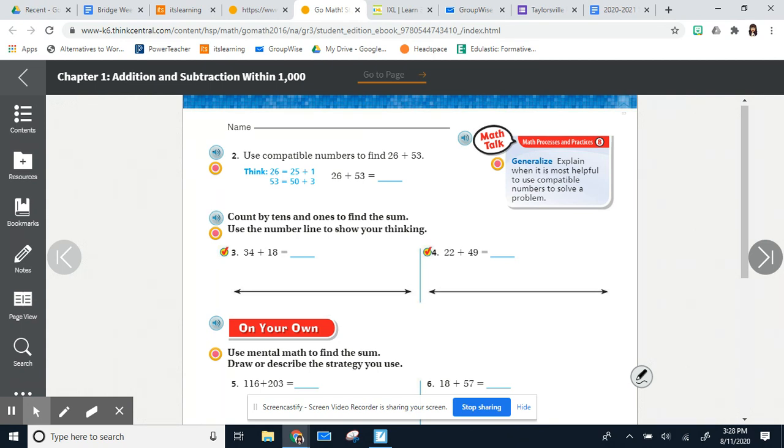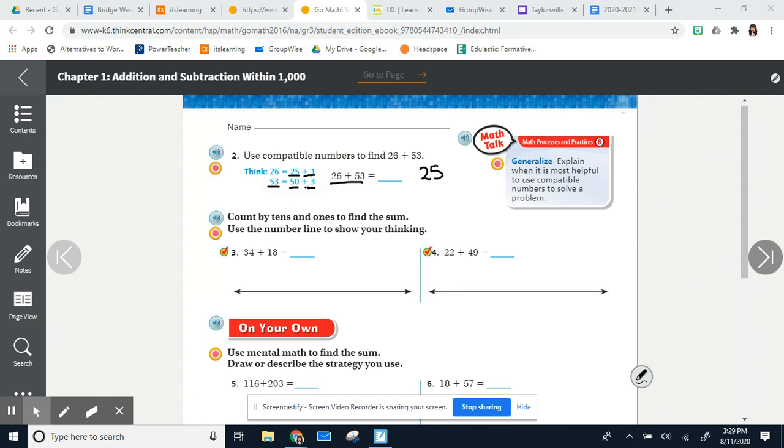So we're adding 26 plus 53 this time, and if you look over here, we have broken down 26 into 25 and 1. 25 is our friendly number, and then we broke down 53 into 50 and 3. And once again, I'm going to write it out over here for you.